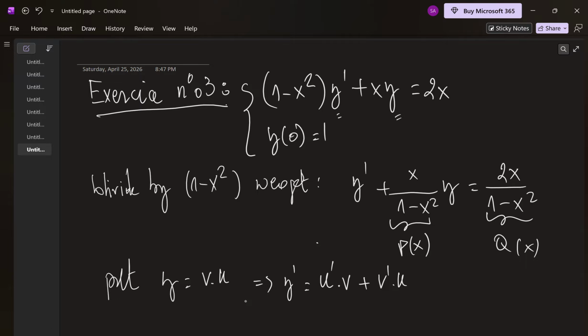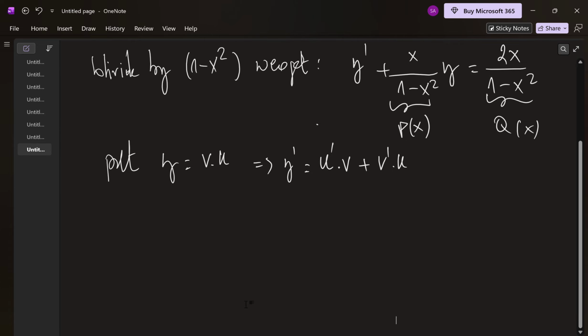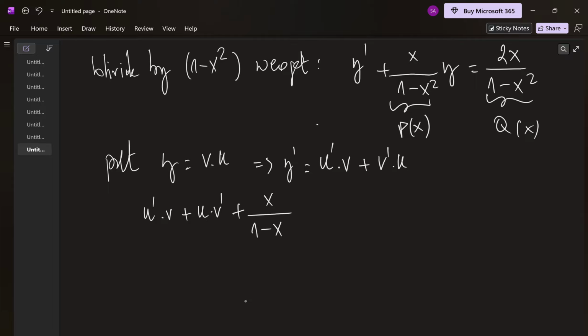Now we substitute into our function. So we get u prime times v plus u times v prime plus x over 1 minus x squared, and all of this times u times v is equal to 2x over 1 minus x squared.